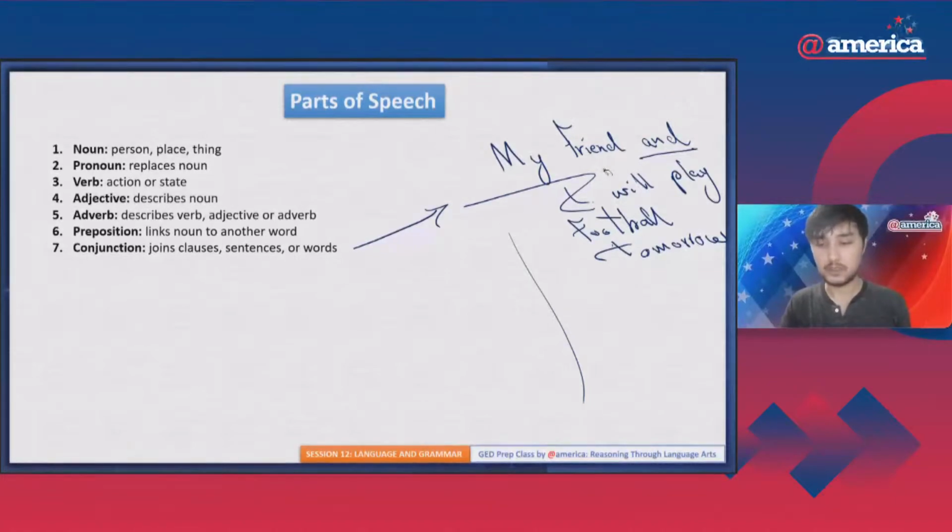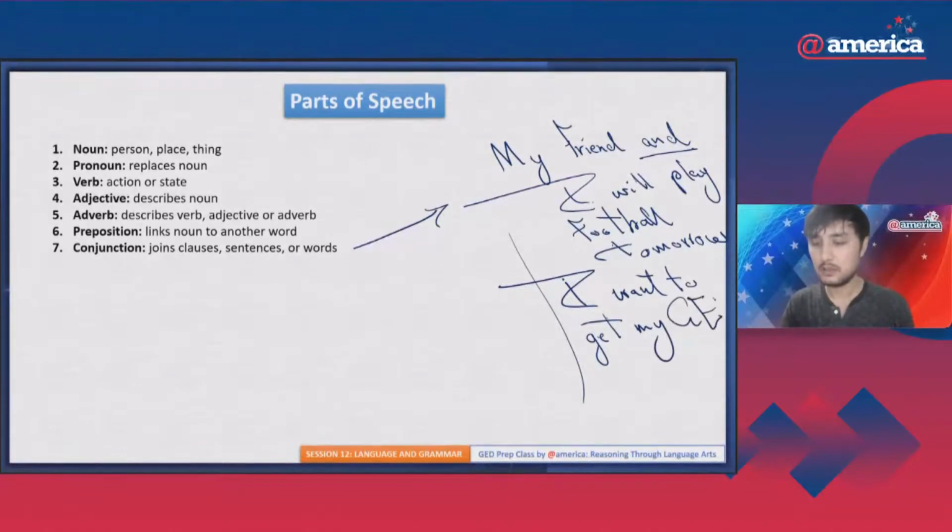If you want to connect two sentences, you can say, "I want to get my GED diploma."